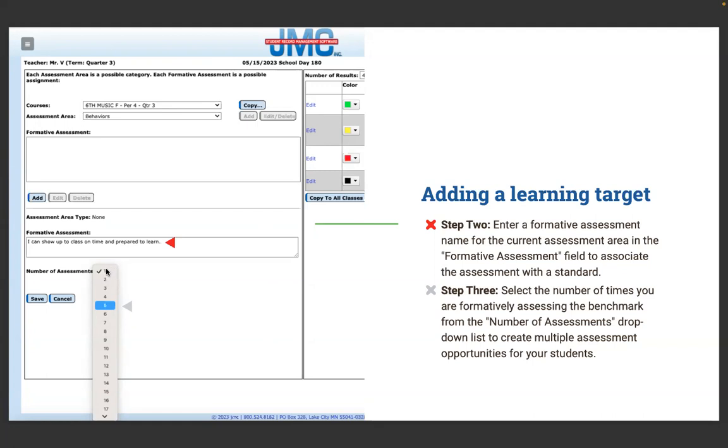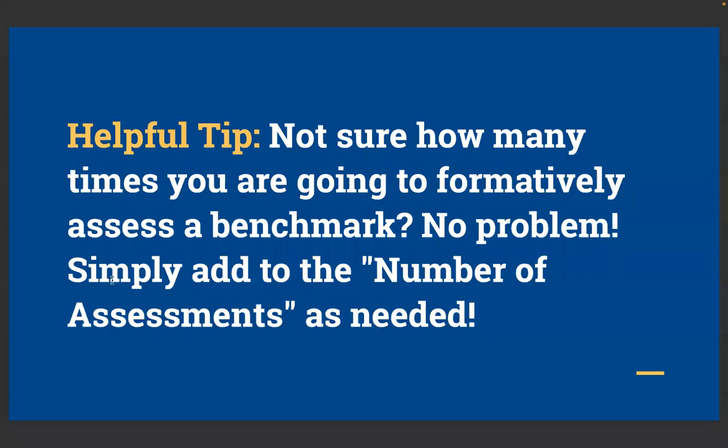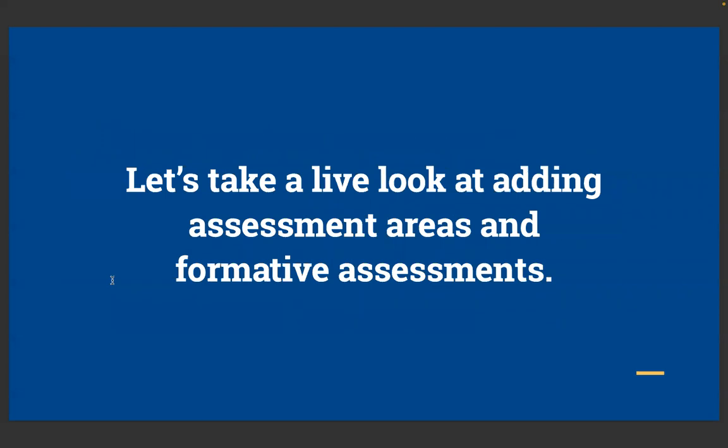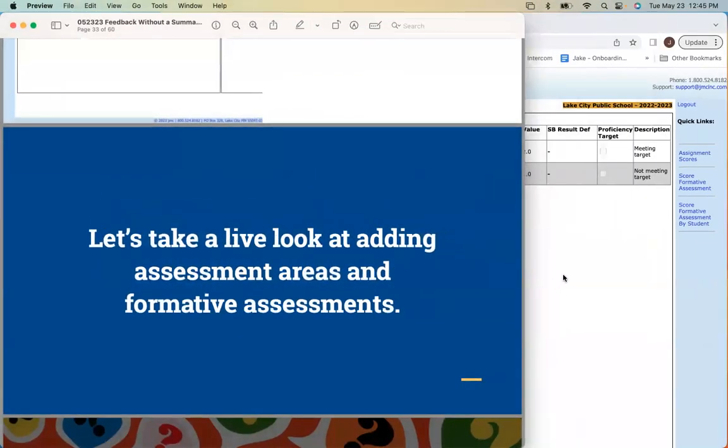You could start adding 1, and then come back next week and add a second, add a third. If you're not sure how many times you're going to formatively assess a benchmark, no problem. Simply add the number of assessments as needed. Step 4, you'll click the Save button to add the formative assessment, or click the Cancel button when finished adding the formative assessment. So let's take a live look at adding assessment areas and formative assessments.